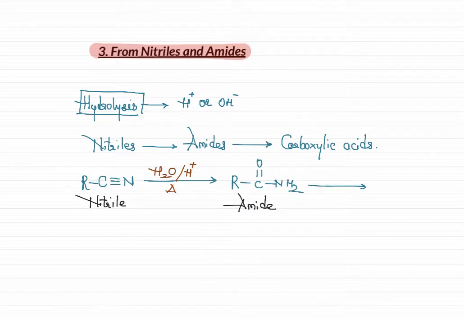Now here once again, you already have a situation in which you've used acid as a catalyst. So the same medium continues, and eventually you end up getting RC double bond O and OH, and along with that NH4 plus ions separated.